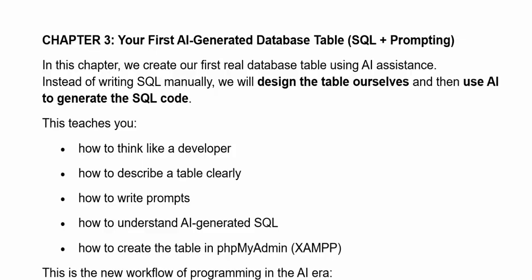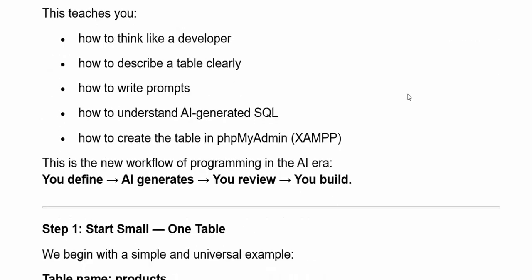This teaches you how to think like a developer, how to describe a table clearly, how to write prompts, how to understand AI generated SQL, how to create the tables in phpMyAdmin for example.